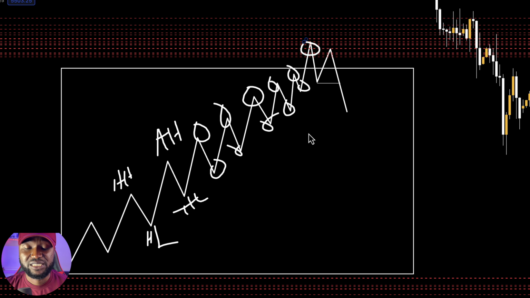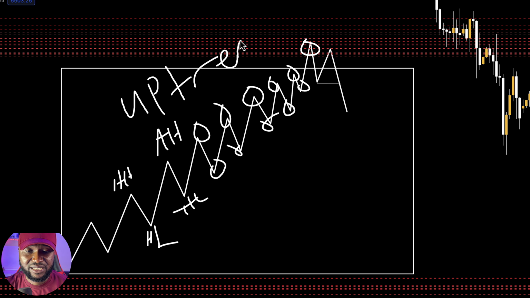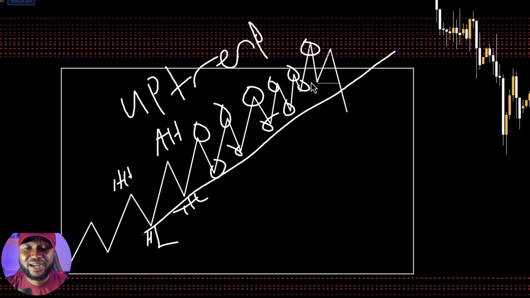So at a point, when we are printing an uptrend, our eyes are always on the higher low. You see the higher low is the one on the right here, where you have the support level. So if price crashes below the higher low, with the body of the candle closing below it, we are said to have a shift in market structure.